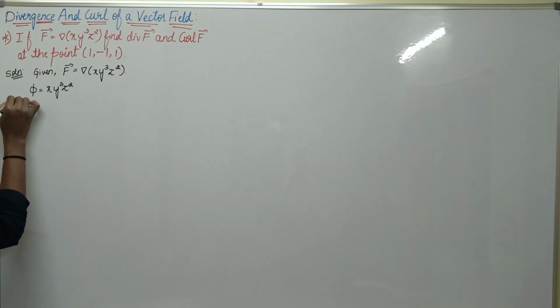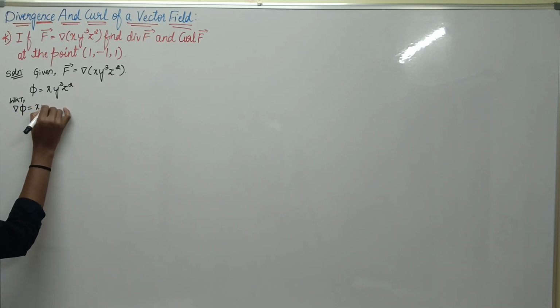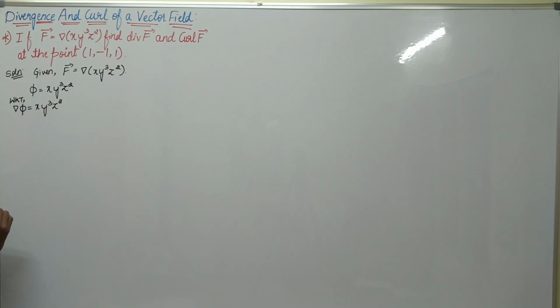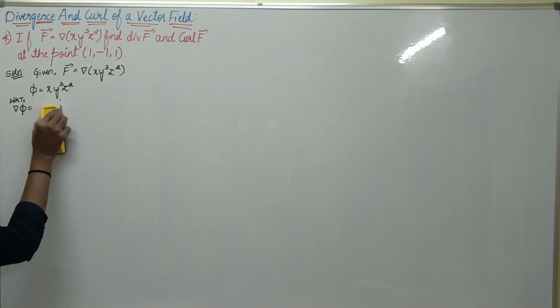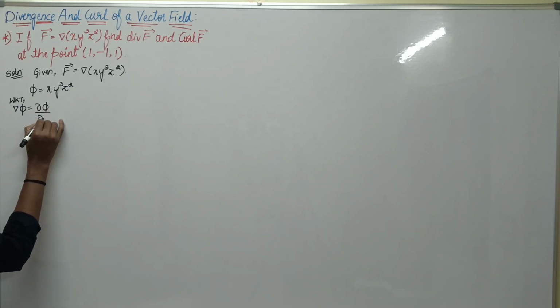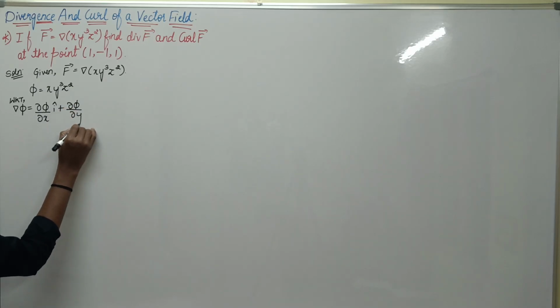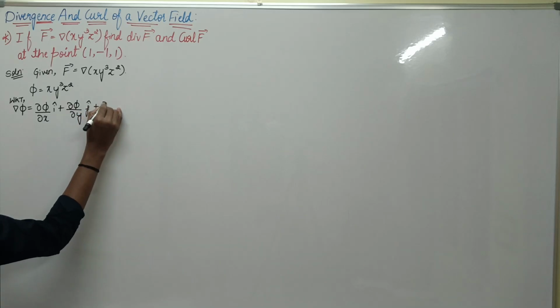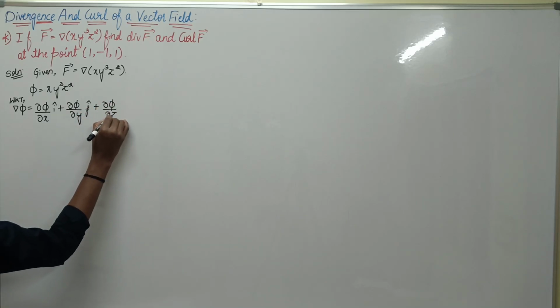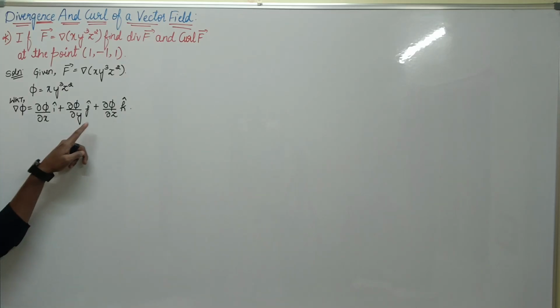We know that gradient phi has dou phi by dou x i cap plus dou phi by dou y j cap plus dou phi by dou z k cap. Now differentiate the function phi with respect to x, y and z.